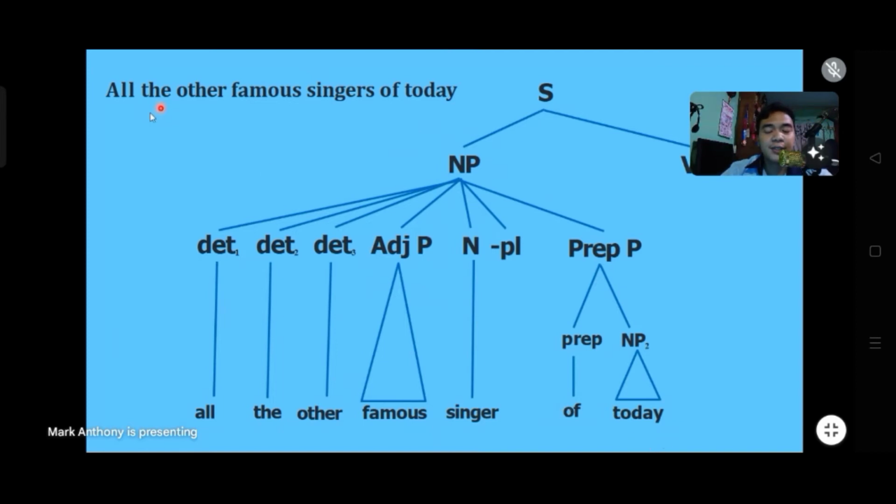As you can see, all those words have different uses or purposes in the sentence, and identifying what classification, what constituent those words are, is very important in phrase structure.